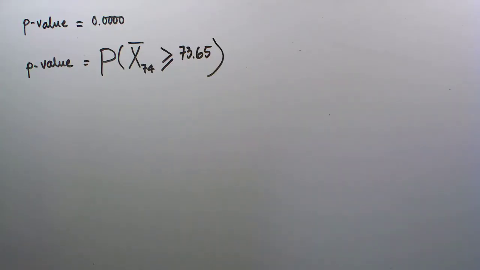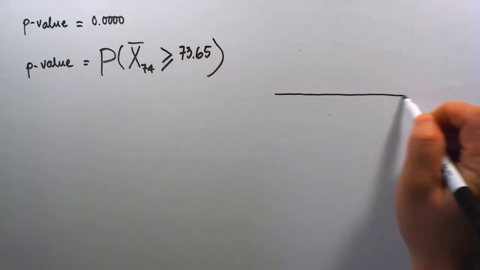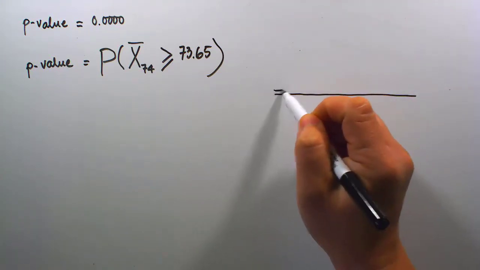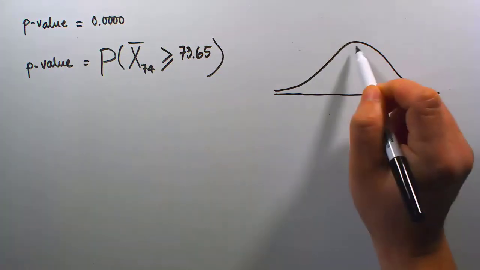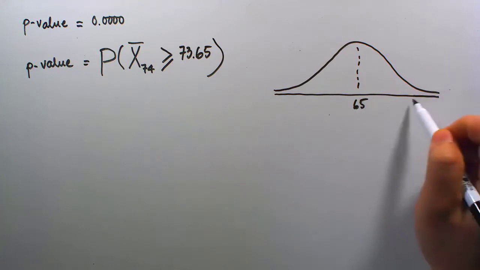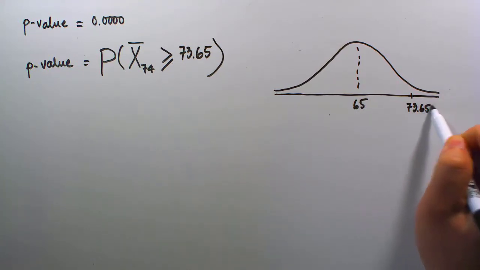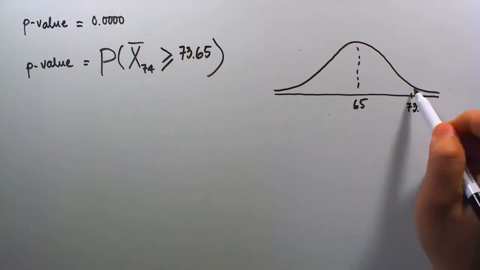That means, correspondingly on the picture of our bell curve, this calculation setup of the probability is graphically represented like this: 65 is in the middle, and 73.65 is somewhere already known to be to the right-hand side of the bell curve center.